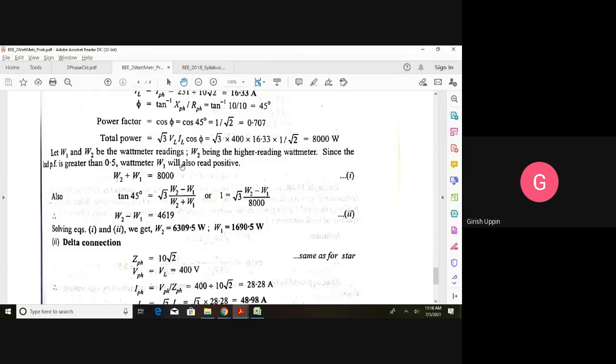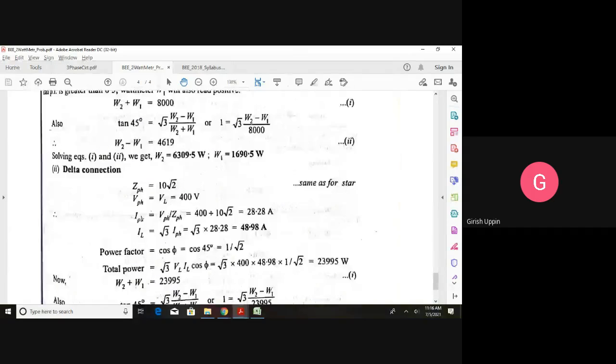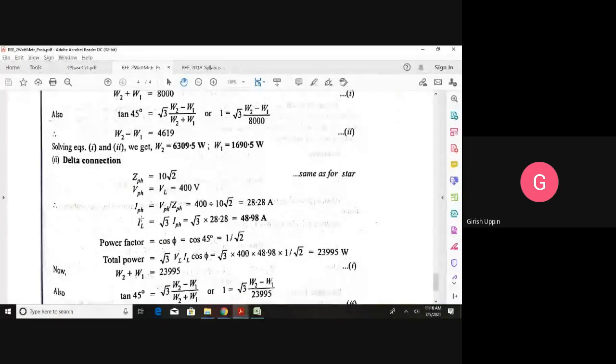This is one way to find out W2 and W1. The other way is to directly use the W2 formula, that is VL IL cos(30 minus phi), and the W1 formula VL IL cos(30 plus phi). Both should give exactly the same answer. Maybe as homework, you can take up all these problems and solve them using that method.